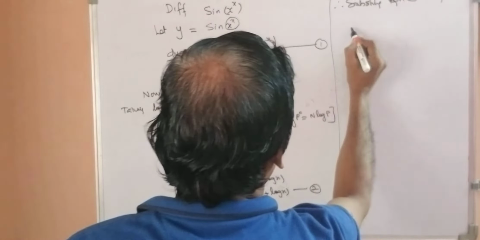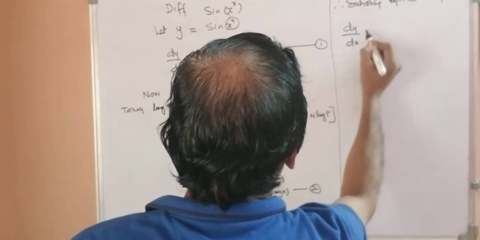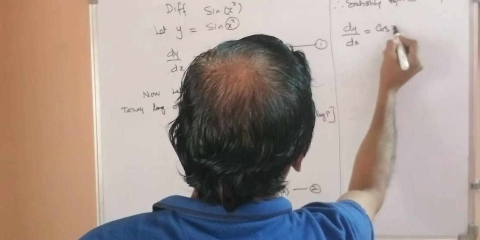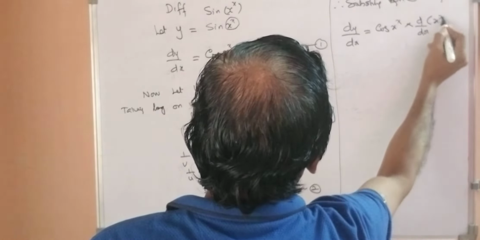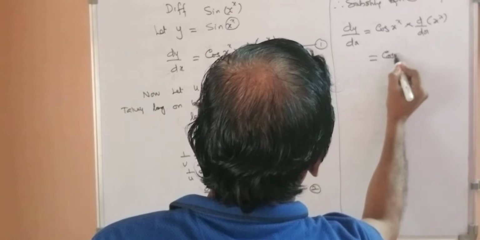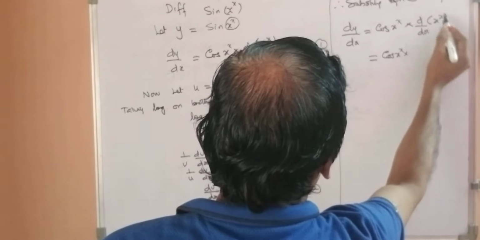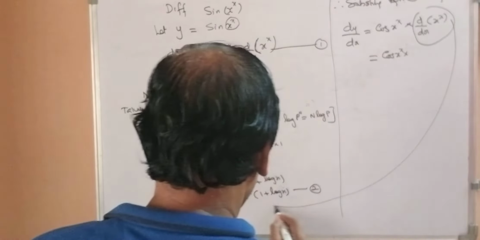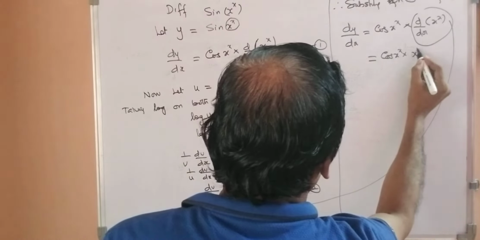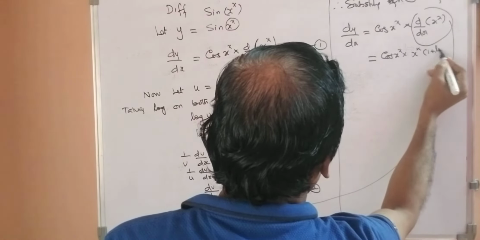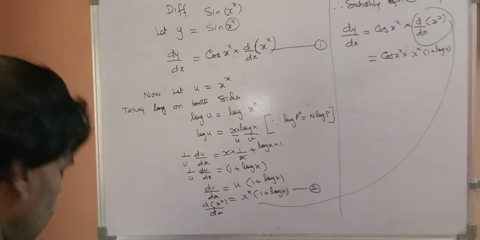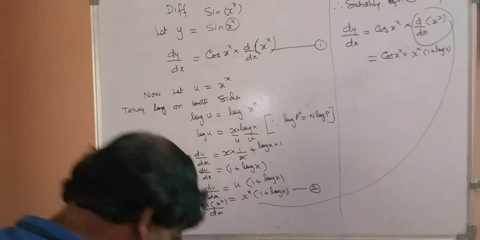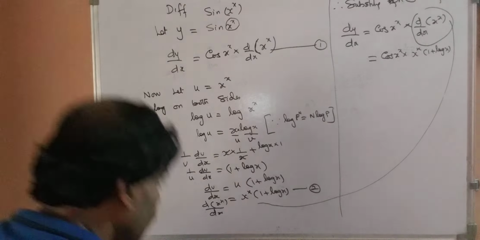What is equation 1? dy by dx equals cos x to the power x into the derivative of x raised to x. So cos x raised to x into, what is the derivative of x raised to x? We got it here. x raised to x into 1 plus log x. So this is how we have to do this sum. Now, next one we will do. This is also very important.